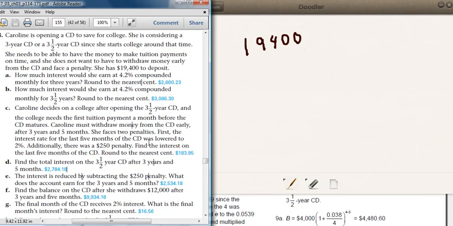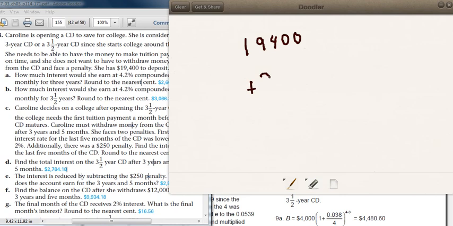Well, remember we did all this. Look at part E here. We did the calculation. We had to subtract the 250, and we broke it up into 2 parts, and we did all the different calculations. So we actually earned $2,534.18. So I'm going to add that to this. That's going to be the balance in Caroline's account.